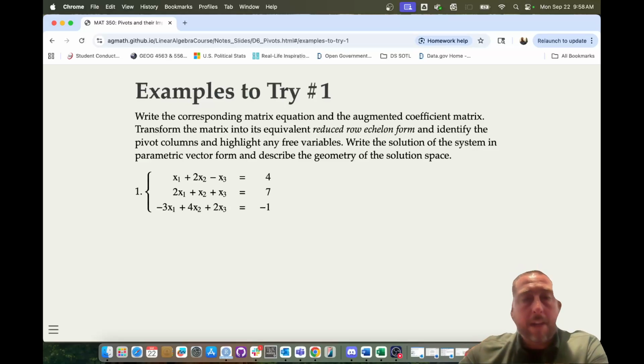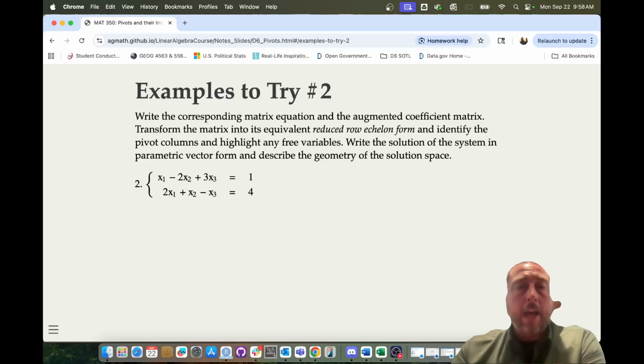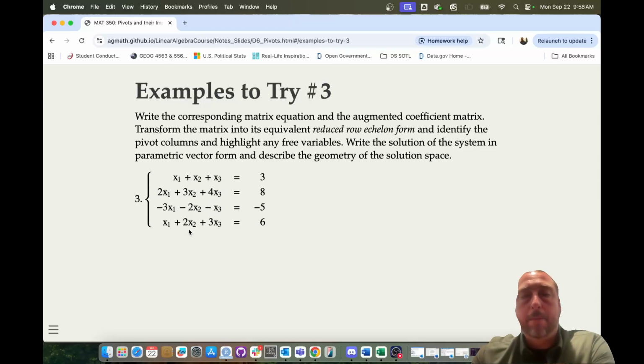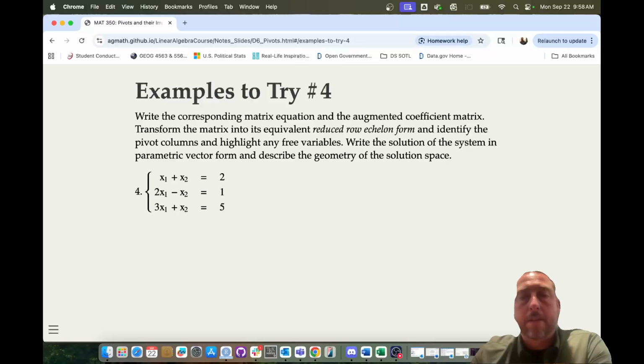So I have this 3x3 system. I have another 2x3 system. In this one, you're guaranteed to either have no solutions or to have at least one free variable because you've got only 2 equations and 3 variables. Here, you've got a system of 4 equations and 3 variables only. So think about the impact that the restriction of the number of pivots may have on that scenario.